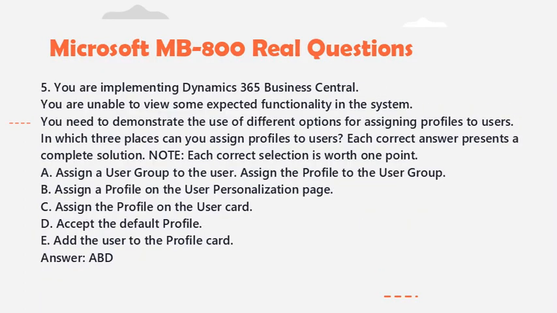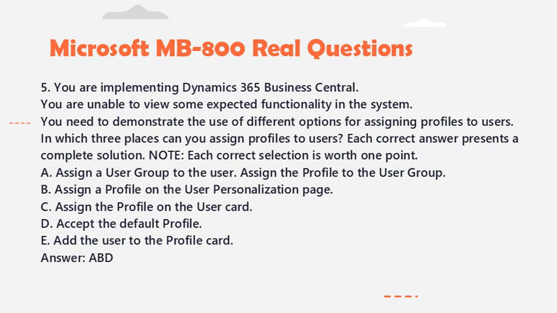5. You are implementing Dynamics 365 Business Central. You are unable to view some expected functionality in the system. You need to demonstrate the use of different options for assigning profiles to users. In which 3 places can you assign profiles to users? Each correct answer presents a complete solution. Note: each correct selection is worth 1 point.